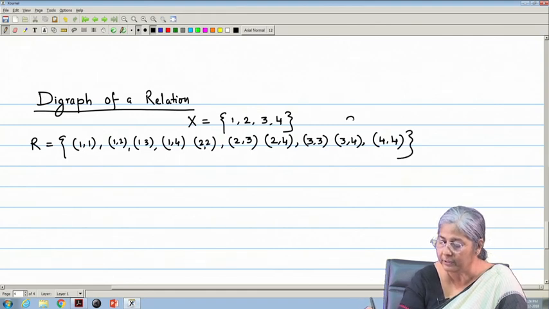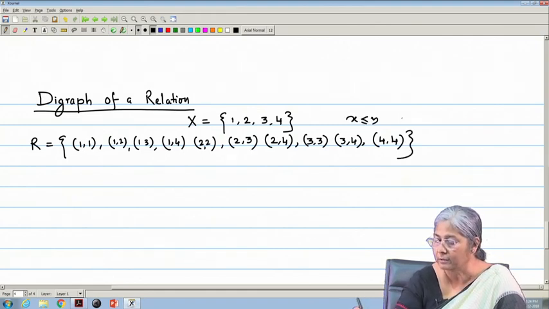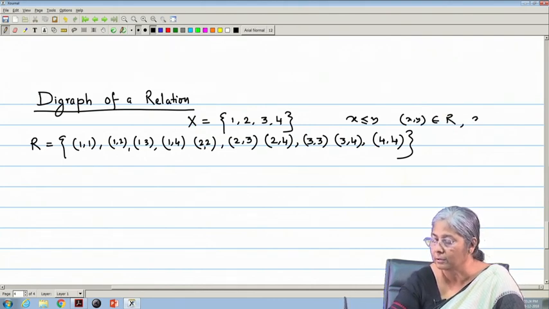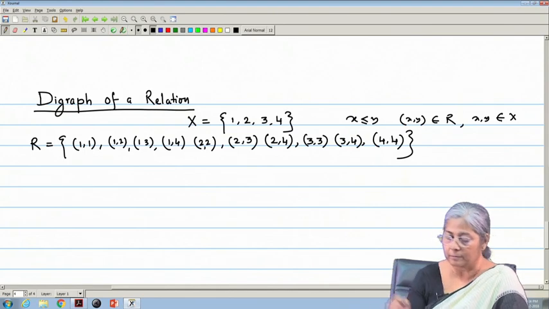And we have defined that if x ≤ y, then (x,y) belongs to R, and (x,y) belongs to X.